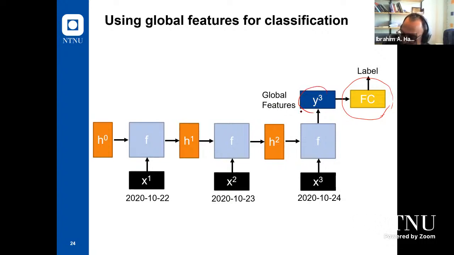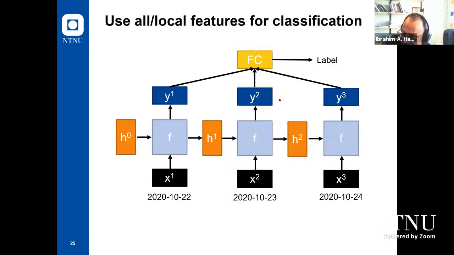You can feed those to the next layer, which is a fully connected layer. Maybe this layer would be a softmax layer for predicting the next word or whatever. So maybe we can use global features, and maybe also local features. It depends on what kind of information you feed to the next layer.